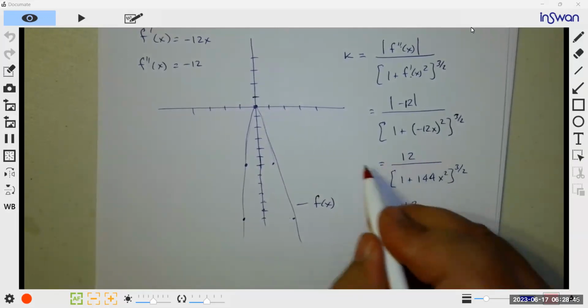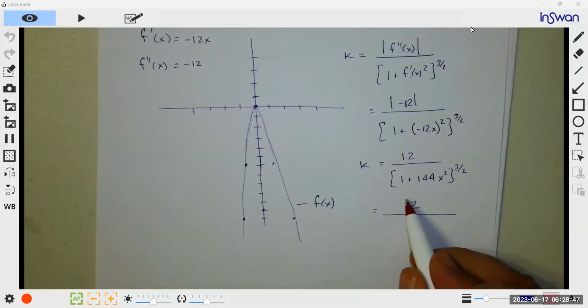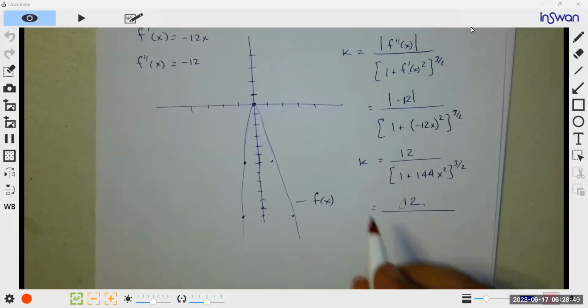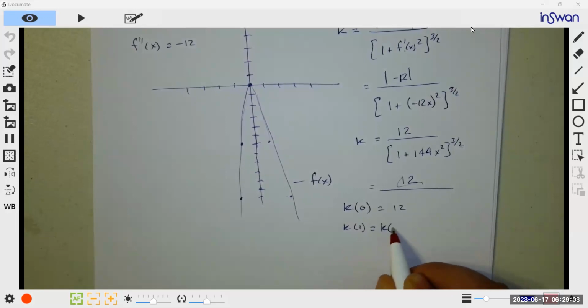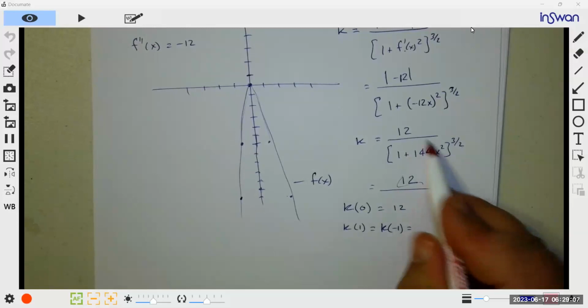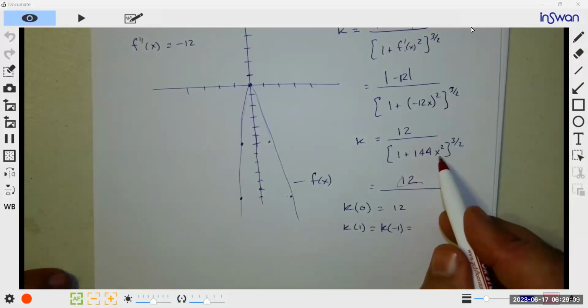Well, let's reuse that. K at 0 is 12. K at 1 equals the same thing as K of negative 1, because the only x value in there is squared.